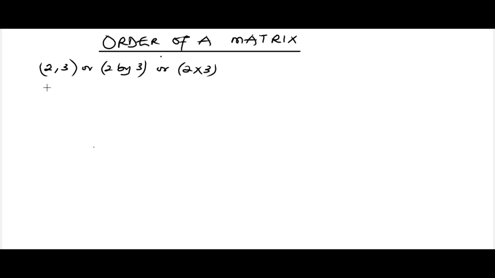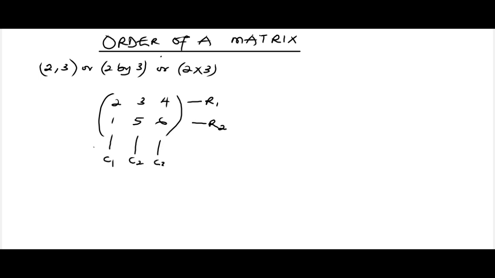So the first component of this order is the number of rows of that matrix, and the second component is the number of columns of the matrix. So let's say we have matrix 2, 3, 4, 1, 5, 6. How many rows does this matrix have? We have row 1, row 2. How many columns? We have column 1, column 2, column 3.